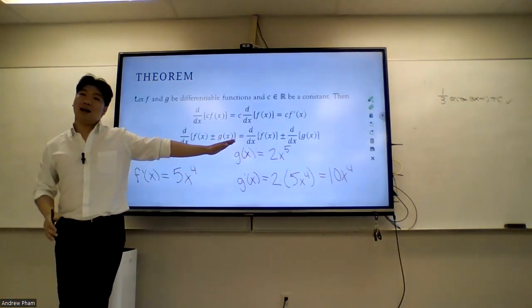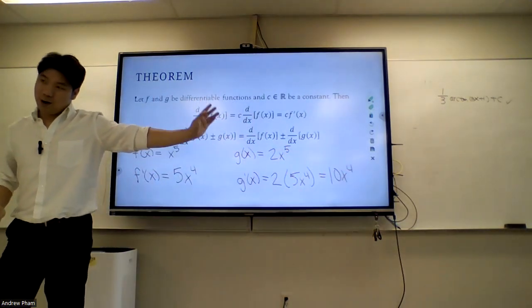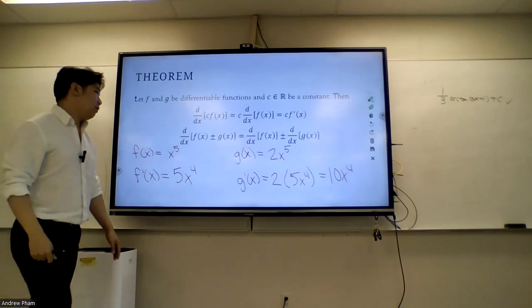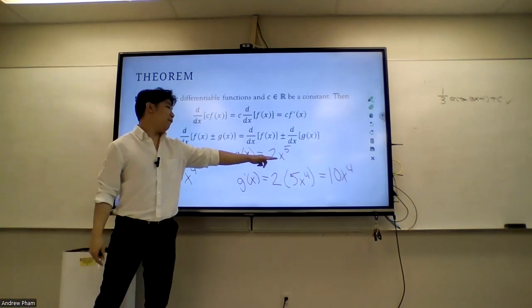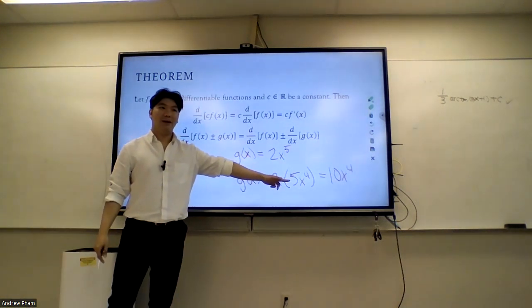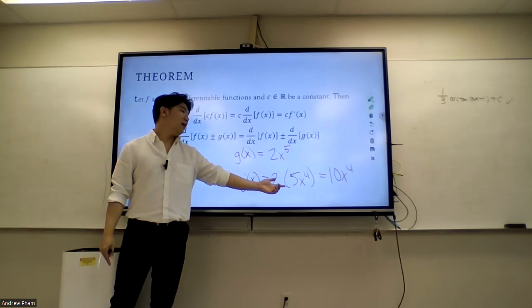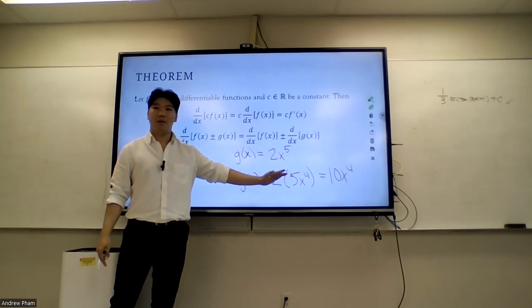In other words, it's saying that the coefficients are just going along for the differentiation process. So again, we know the derivative of x to the fifth is 5x to the fourth, but since 2 is just a coefficient, a constant, it's just going along, and we're going to multiply the derivative by that same constant.